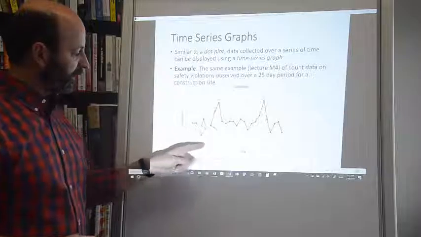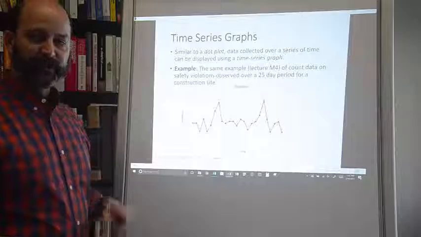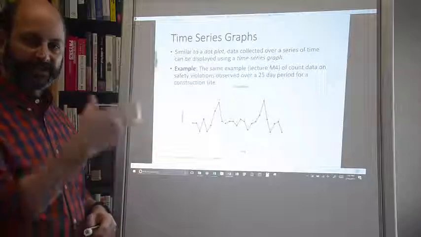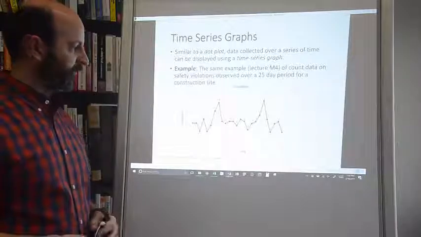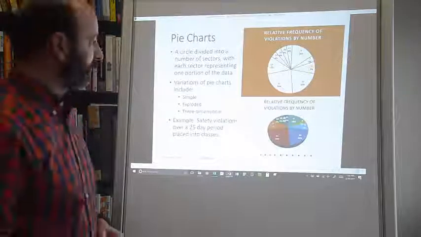So we can start to see how on certain days it starts to spike, or we start to have a trough, where we have fewer safety violations in this case. It's a nice timeline, and it breaks it out nicely for us.